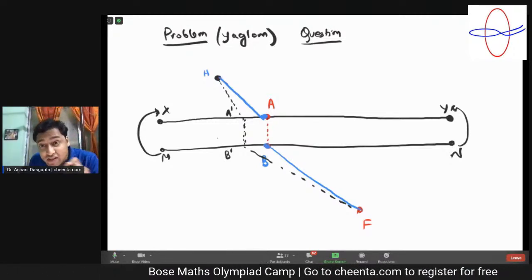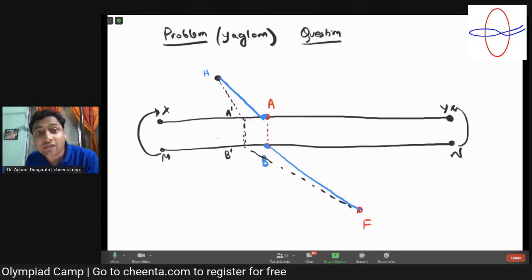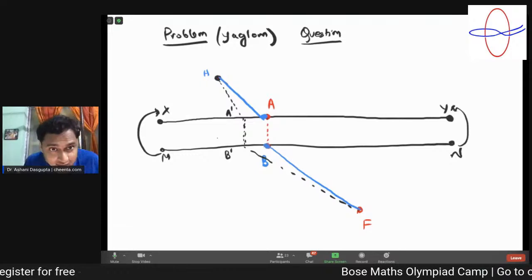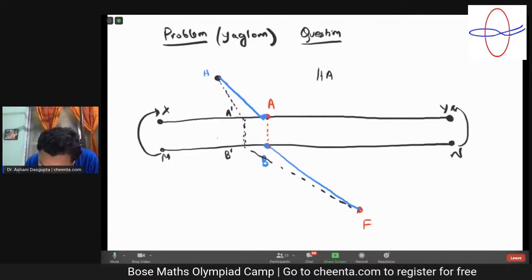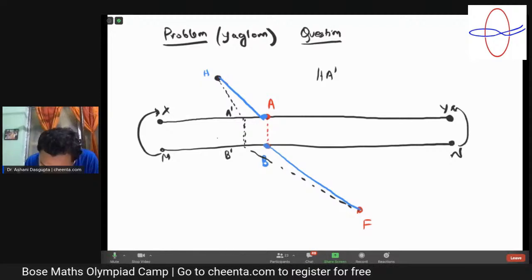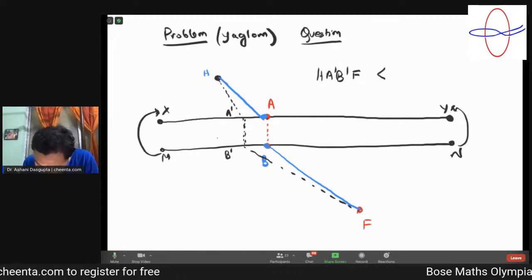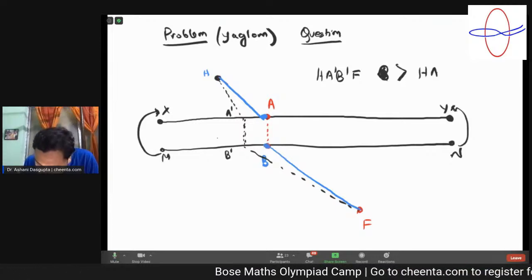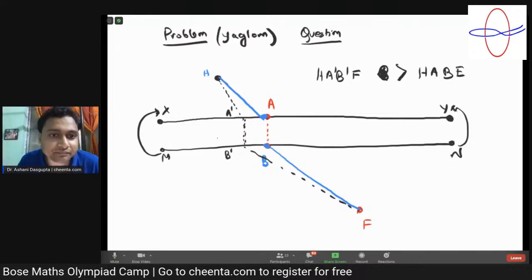The one that we just created is a longer path than the one that Shaurodeep and his friends constructed. So how do we show that H A prime B prime F is longer than H A B F? How do we show this?